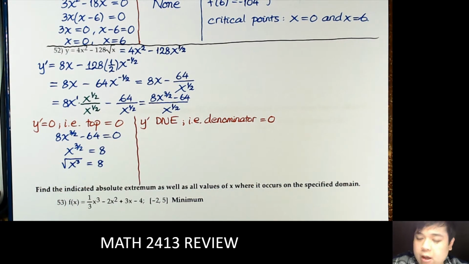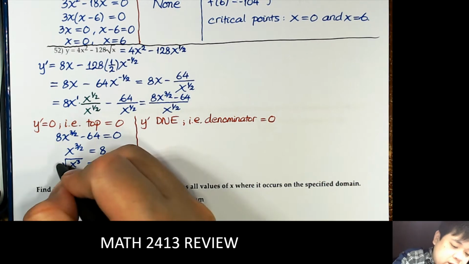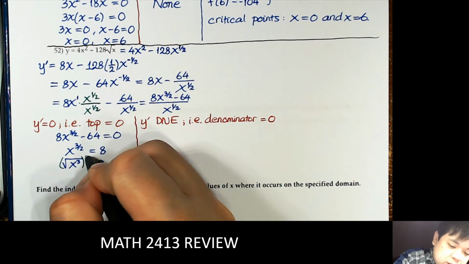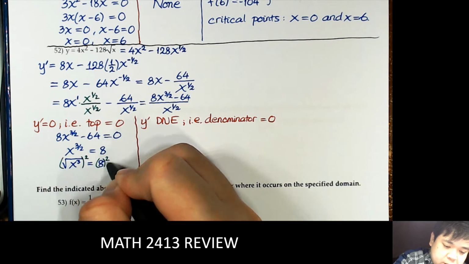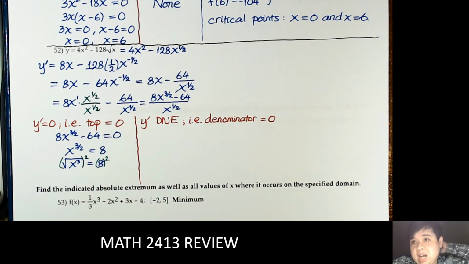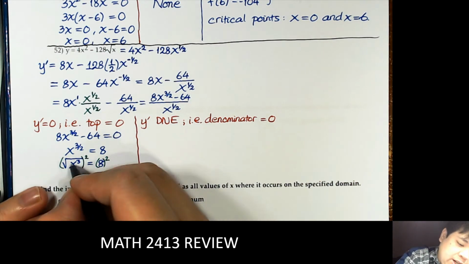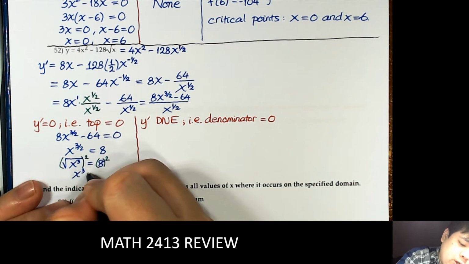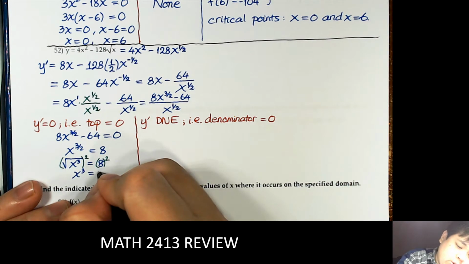Right? Now to get rid of the square root, we will square both sides. We don't have to check the answer because the square root has to be positive. So that gives us x cubed equals 8 squared, which is 64.